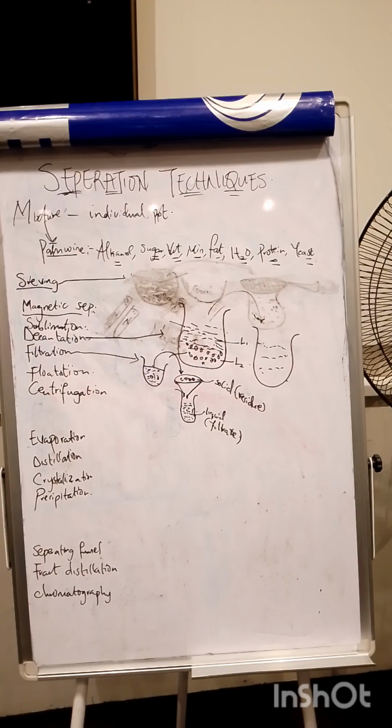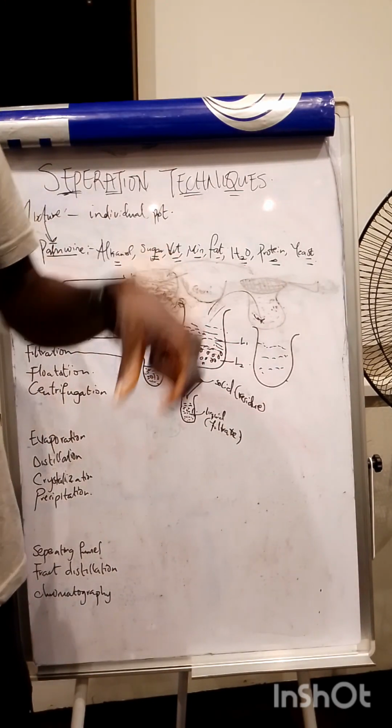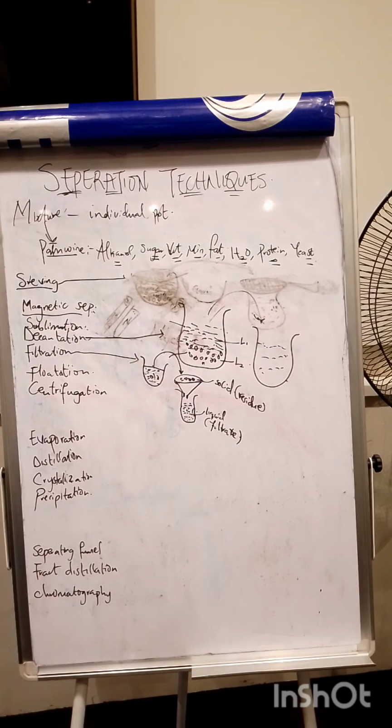After the water is filtered, they treat it with various chemicals to kill any bacteria or germs before it's piped to various homes. So filtration is employed in water purification plants as well as brewing industries.